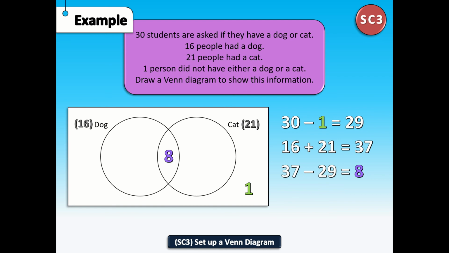Now the dog circle needs to add up to 16, so that must mean that 8 people just have a dog. And the cat circle needs to add up to 21, so there must be 13 people who just have cats. And now we've completed the Venn diagram.